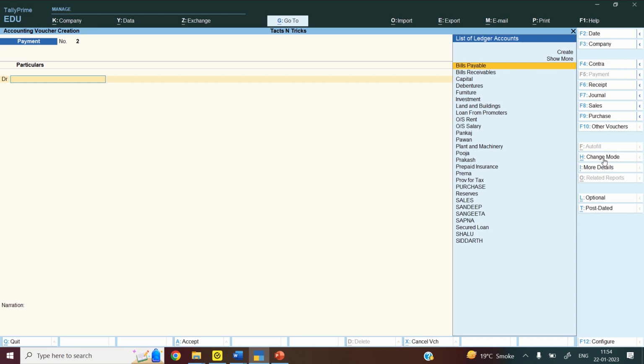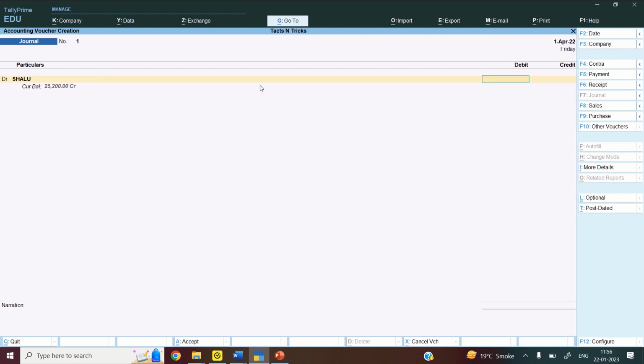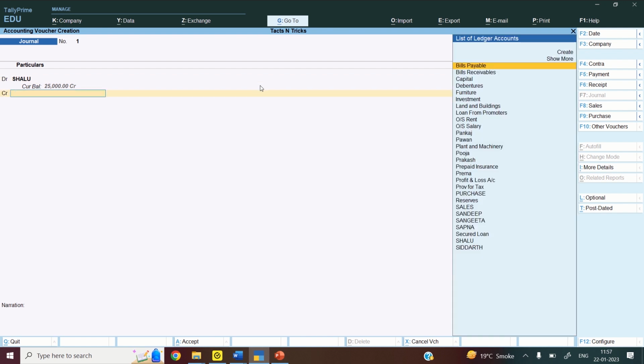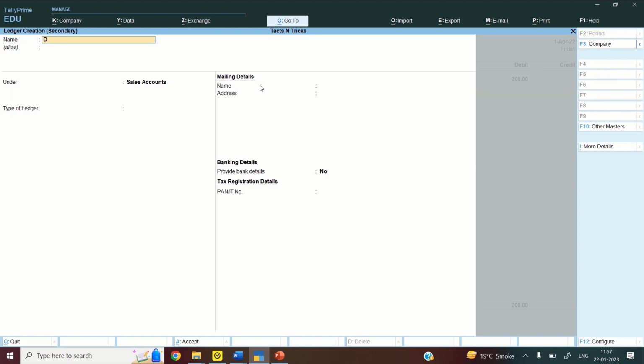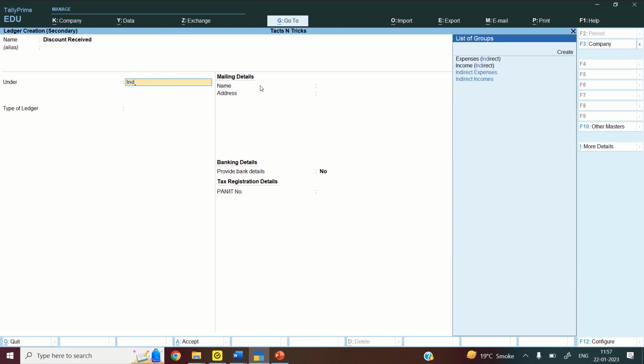And the next adjustment is in the journal voucher. As we saw in the journal entry, it is Shalu, and the amount is 200, and discount received. Now we need to create the discount received ledger, so we will press Alt plus C, and it will be discount received, and it will come under the group indirect income.